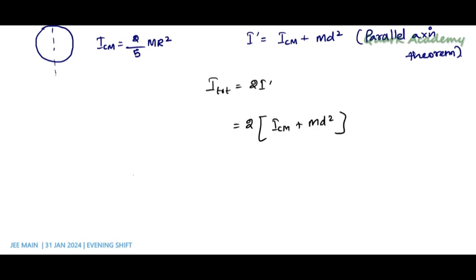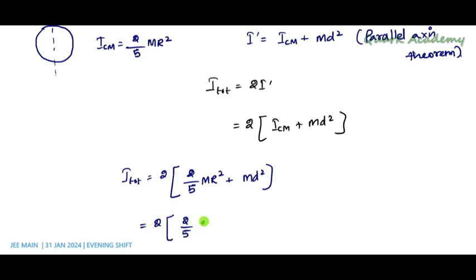So let's substitute I total, which is equal to 2 into I_CM, that is 2/5 M R squared plus M d squared. Let's substitute the values. 2/5, mass is 2 kg, radius is 1/2 meter squared, again 2 kg, this is (3/4) squared.